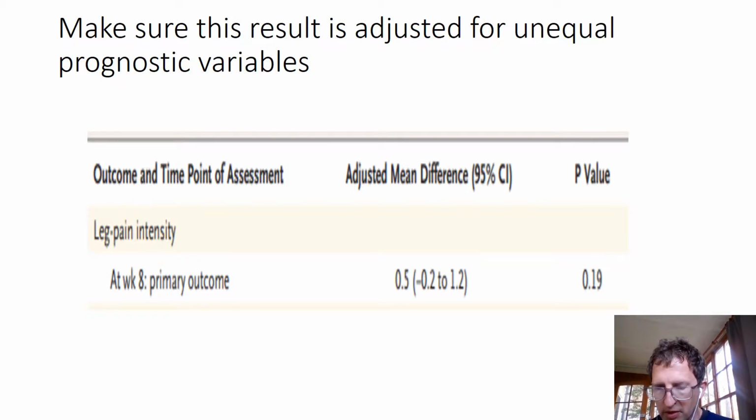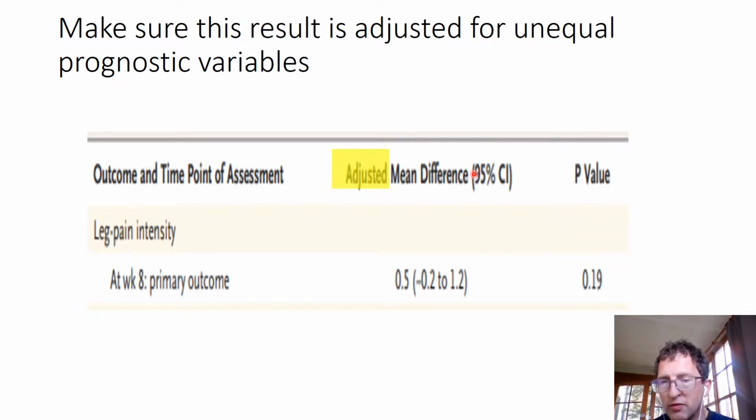And I guess a practical implication is why in these studies they use words like "adjusted". You notice that the word adjusted appears on the result here. What they're basically saying is, look, we know there are some unequal prognostic variables. In particular, when they adjust, it's usually for confounders.